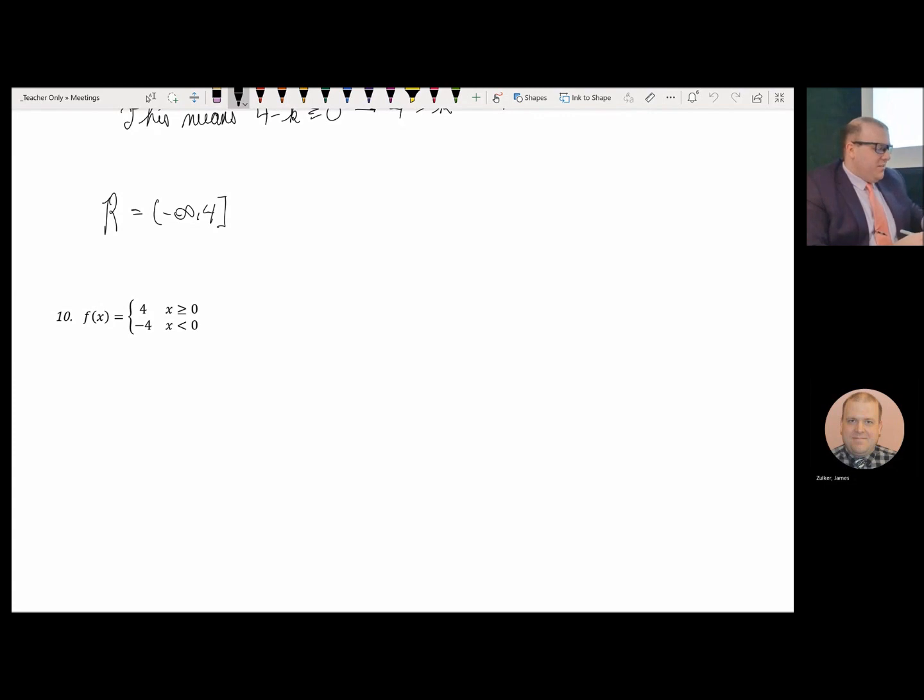Piecewise functions. Just as the name says, it's a function that's in pieces. What this says is if you plug in any value greater than or equal to 0, the function spits out 4. Plug in any value that's less than 0, the function will spit out negative 4.